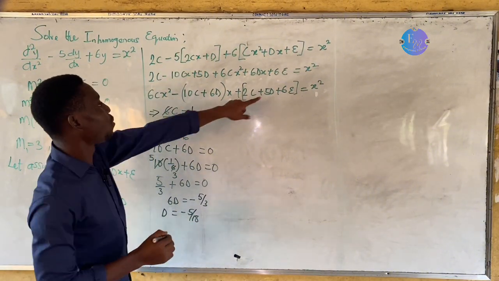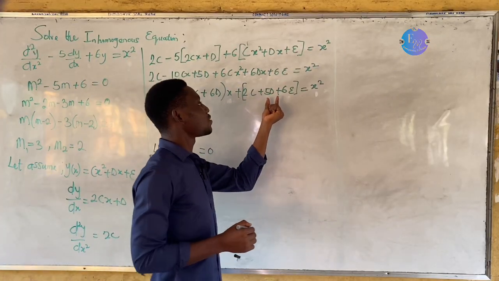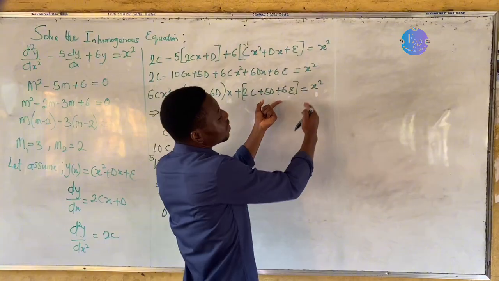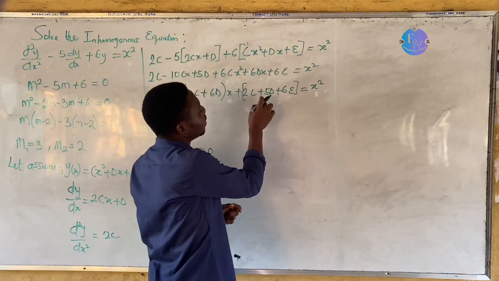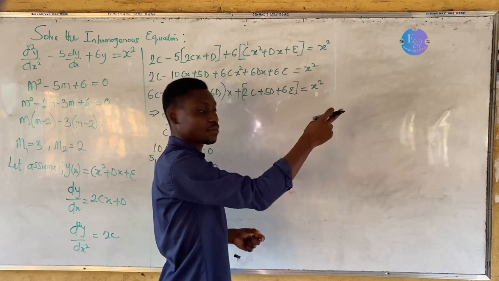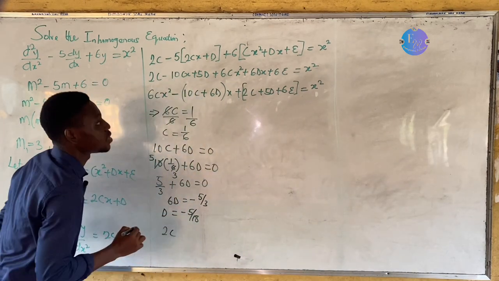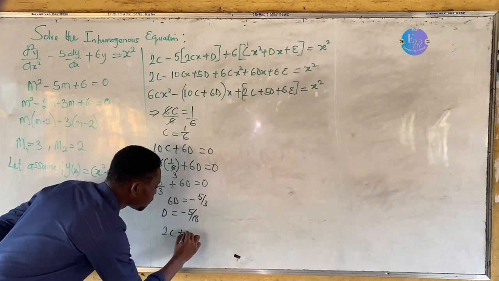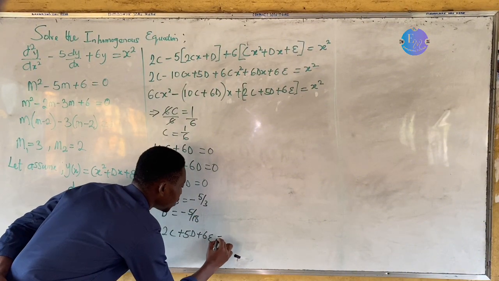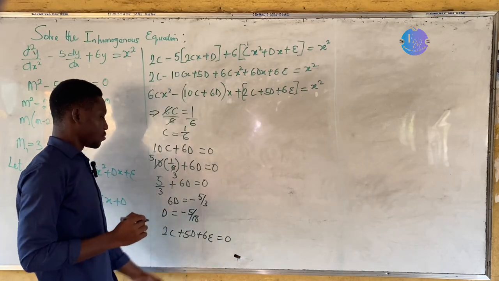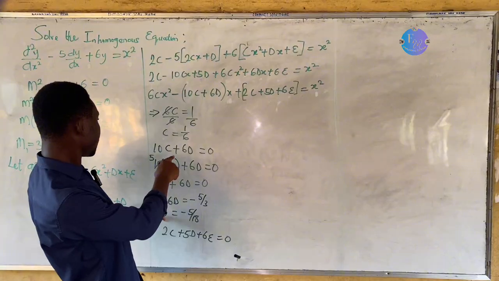Now let's find the value of e. Now let's come to this constant value. You observe that there's no constant value at the right hand side. So we'll do the same thing by equating this to 0. So it becomes 2c plus 5d plus 6e equal to 0. Now we have the value of d and the value of c.